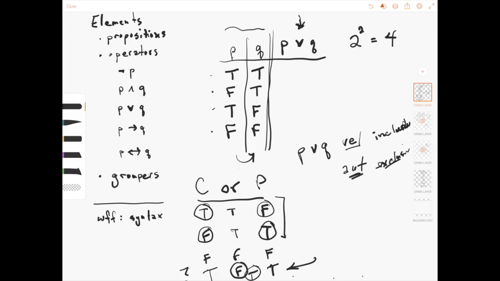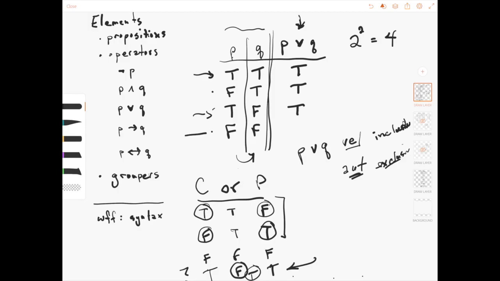And we can see that if the two inputs in the first row are both true, then our inclusive or is going to give us true. If P is false and Q is true, then P or Q is true. On the third row, if P is true and Q is false, then P or Q is true.